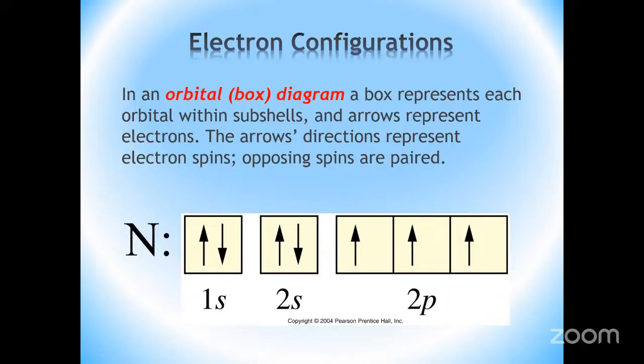And therefore, according to Hund's rule, you have to make sure that when you assign electrons, you assign them singly first within each 2p orbital with the electrons spinning in the same direction. And then if you have any more electrons to add, then you start pairing them, right? When you're pairing them, you have to make sure that electrons that are occupying the same orbital will be spinning in opposite direction, right?